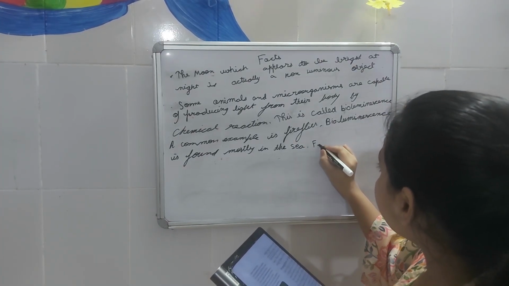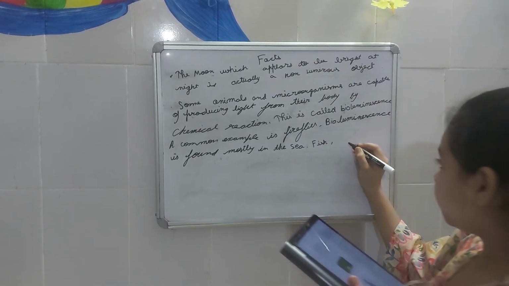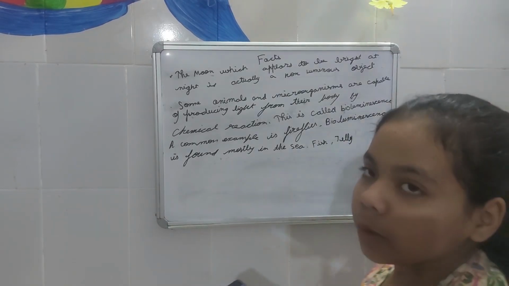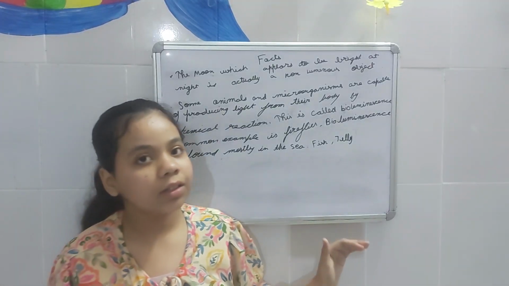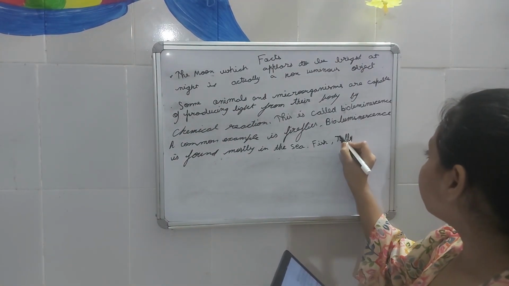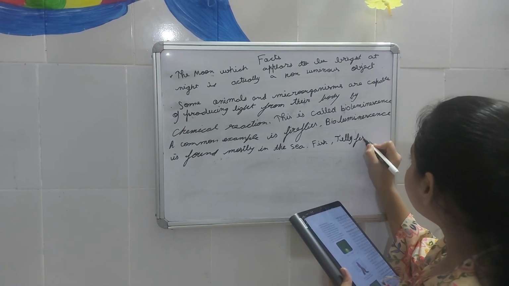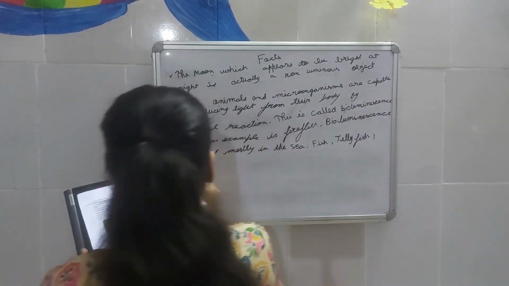So the examples are fish, then jellyfish, right? By this jellyfish glow, that's why jellyfish also. Then what else?